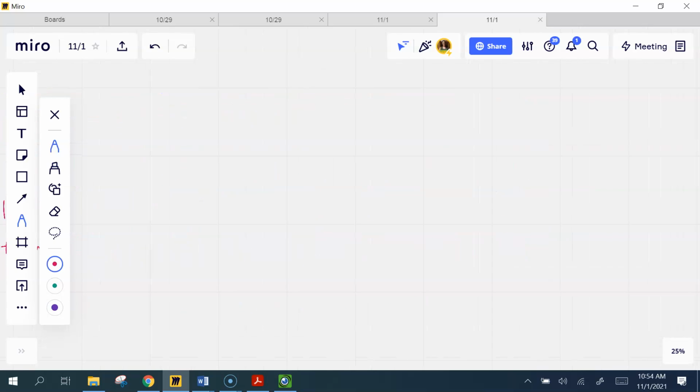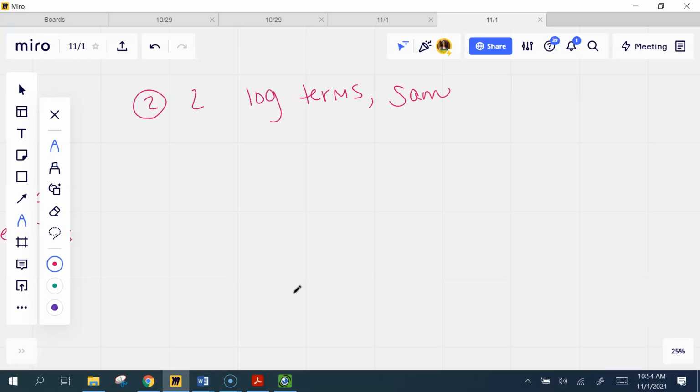Two log terms, same base. This one is pretty self-explanatory. It's the easiest of all of them.